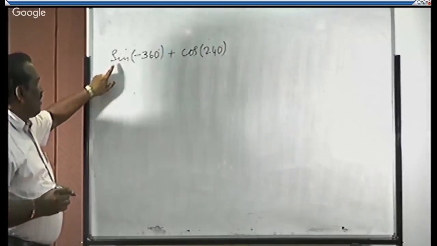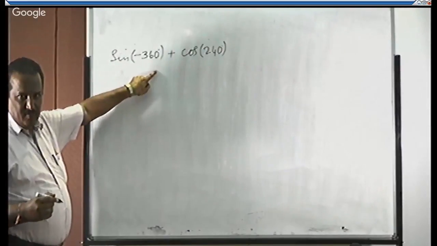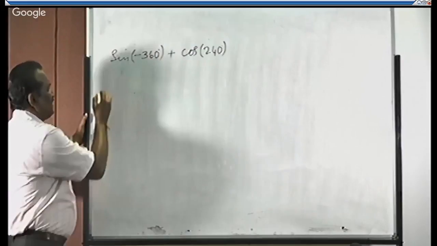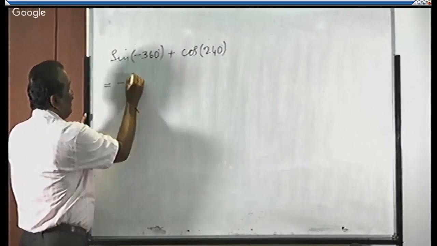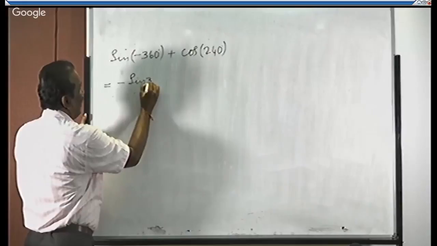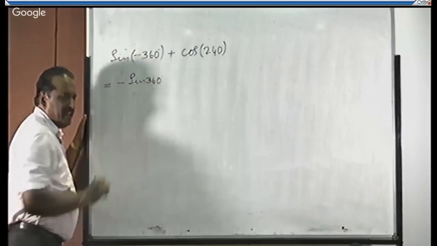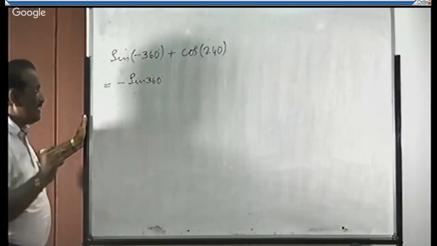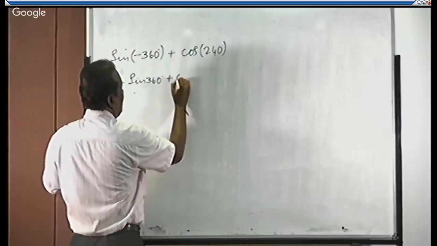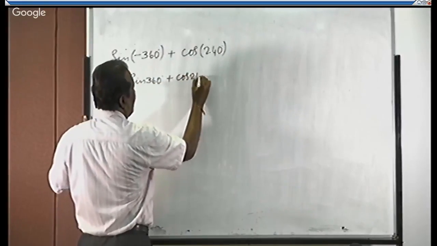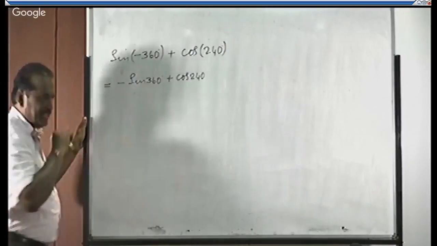So it is in the form of sine of minus theta. Sine of minus theta, we know that it is minus sine theta. Plus, write down the cos of 240 degree as it is for this step's sake.